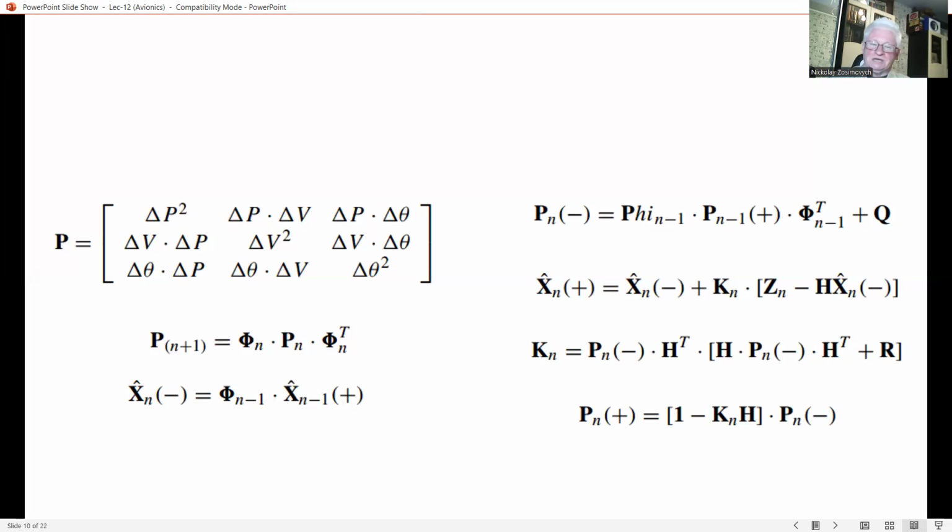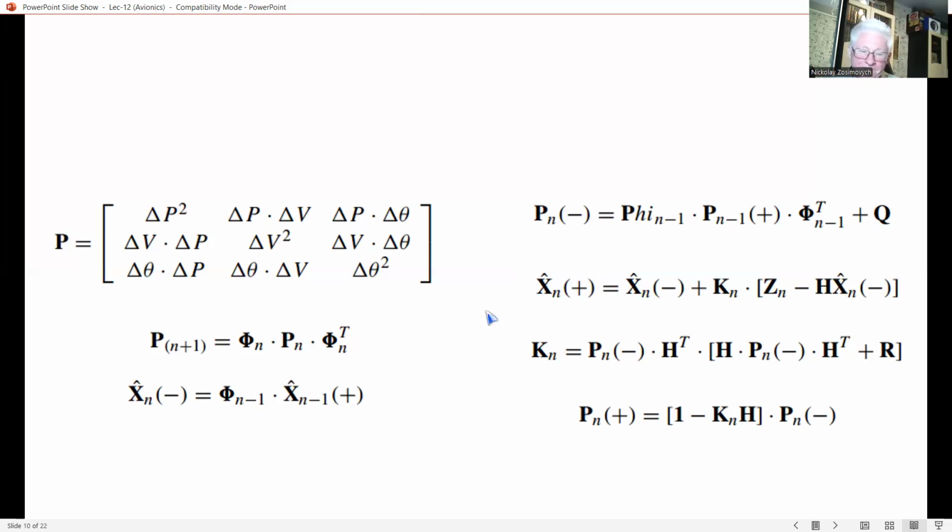Quantities after extrapolation immediately preceding the nth update are shown in the manner here, x hat minus, and those immediately succeeding that update as x hat plus.